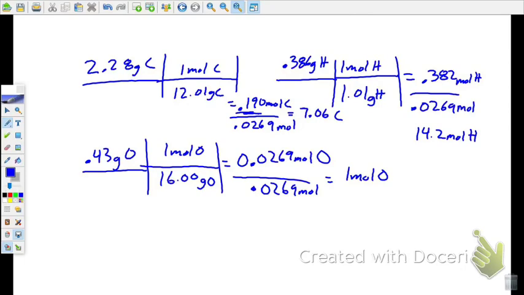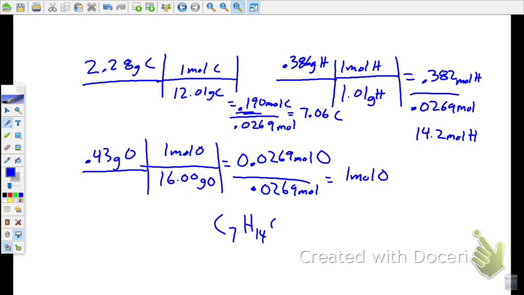The hydrogen is going to be the one that gives us problems because it's probably not going to be as close as the other ones, just because we're dividing by 1.01, okay? And the other ones we have bigger numbers we're dividing by, which allows us to have a little bit more play. So what would be the chemical formula for that? The empirical chemical formula would be what?